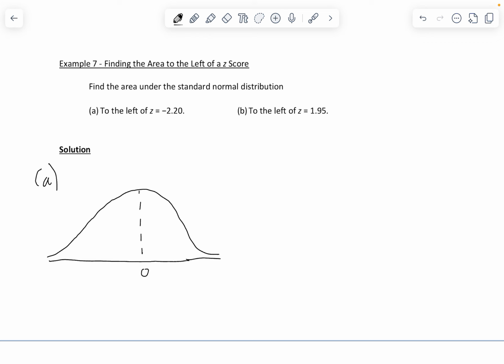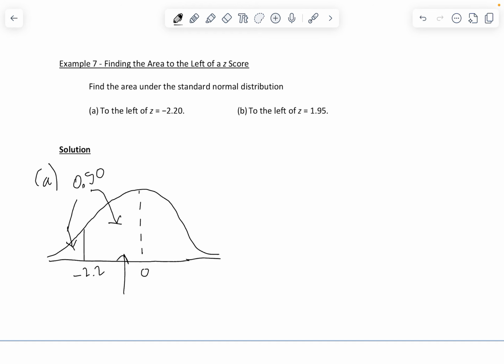Negative 2.2 is down here somewhere. I want to find this area down here. Remember that these two areas combined are half of the total area, half the curve. This area right here, I can find from the table.